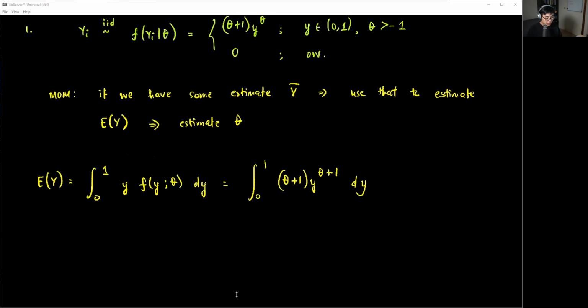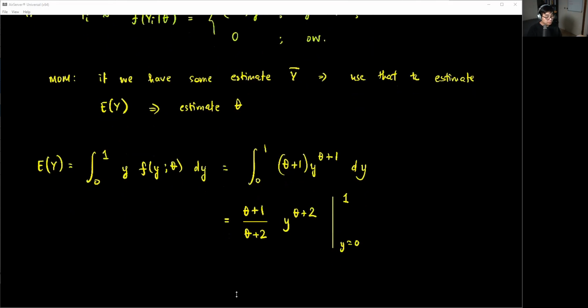And this is fairly easy to integrate. This is going to be y to the theta plus 2, and you divide by the new power, so theta plus 1 divided by theta plus 2. And we evaluate this from y equal to 0 to 1.